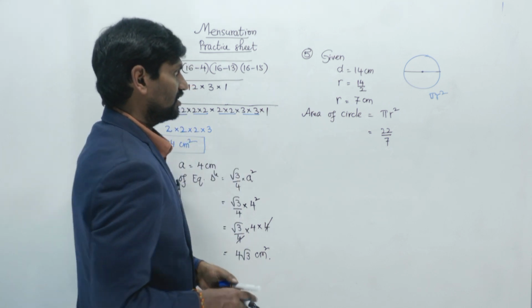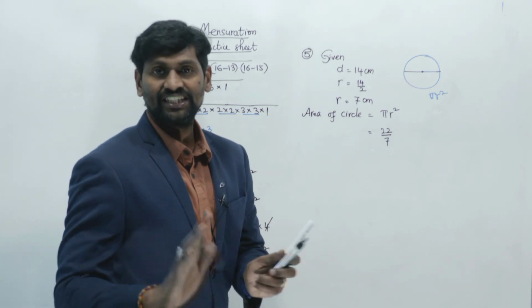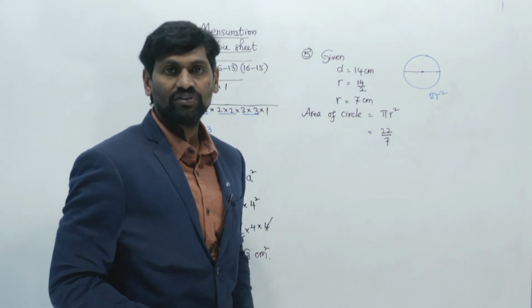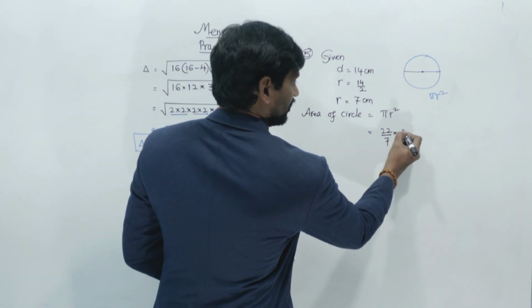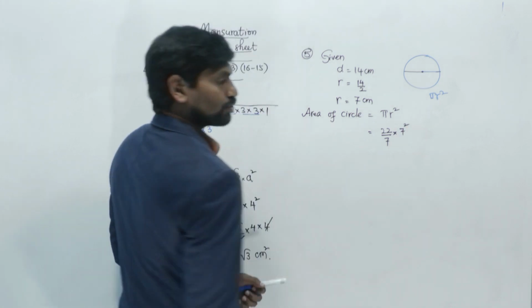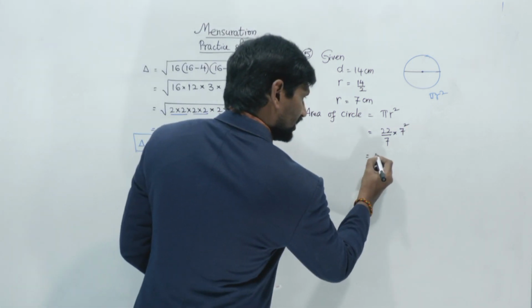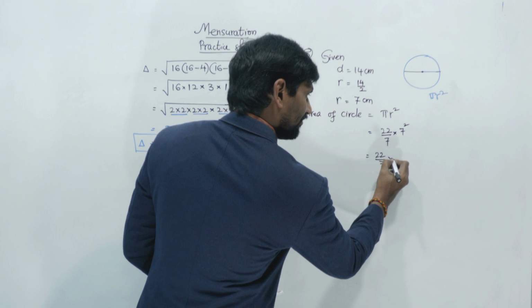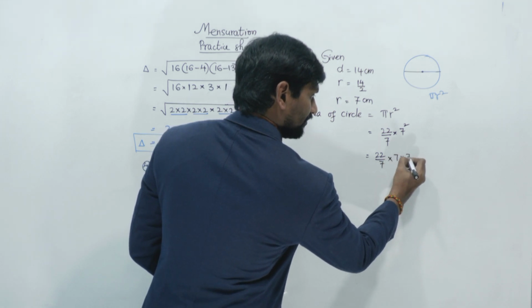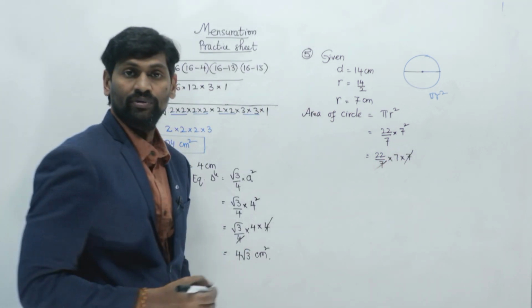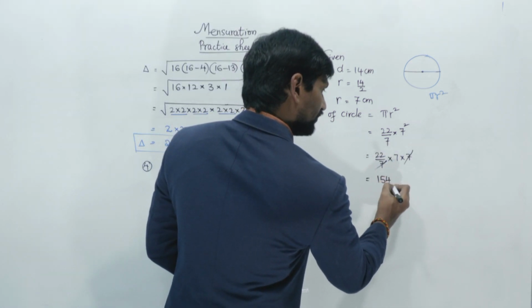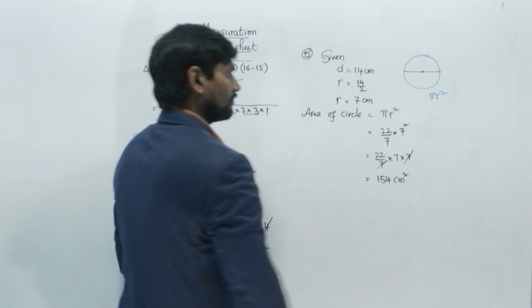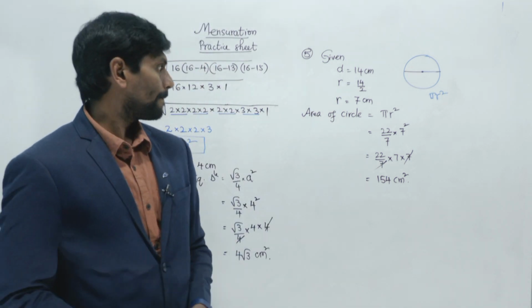Or sometimes we can take the decimal value 3.14 also. r square is nothing but r into r. So r value 7, 7 square, that is equal to 22 by 7 into 7 square. 7 square means 7 into 7. So numerator 7, denominator 7 cancel. 22 7s 154 centimeter square. Please check.